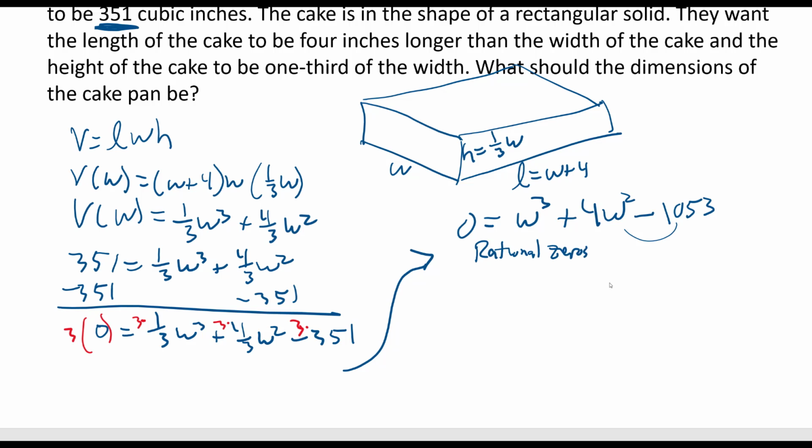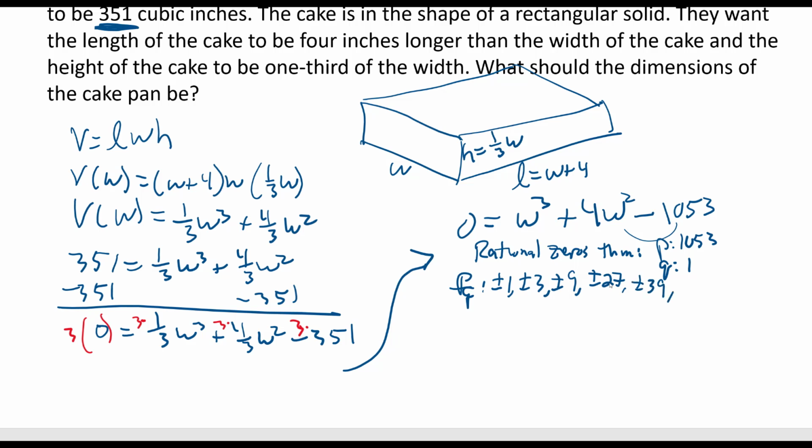Our leading coefficient is 1, so our P is going to be 1053, and our Q is going to be 1. So if we look at P over Q's, we're looking at plus or minus 1, plus or minus 3, plus or minus 9, plus or minus 27. And at this point, we're getting kind of large. Plus or minus 39.